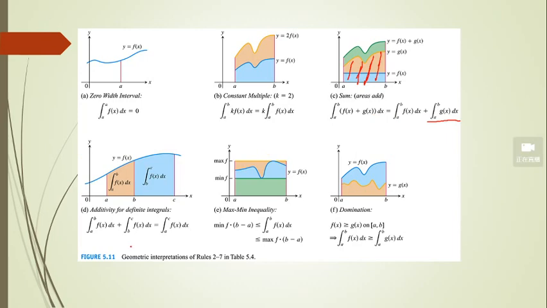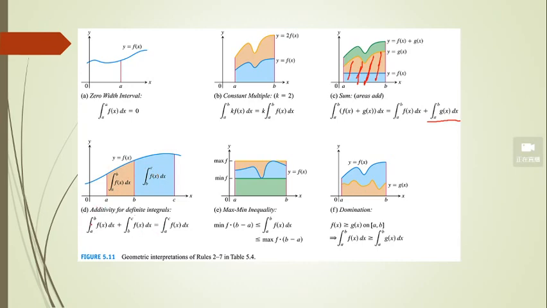The additivity for definite integrals. So here from A to B, the definite integral from A to B under the function f(x). Then this blue part is from B to C. Then what is A to C? Of course, A to C is just this brown part plus the blue part, right? That is what we call additivity.